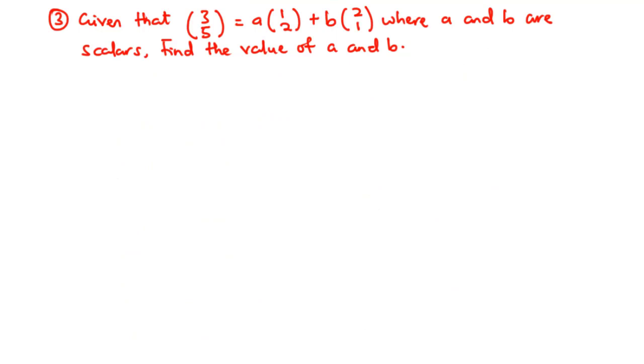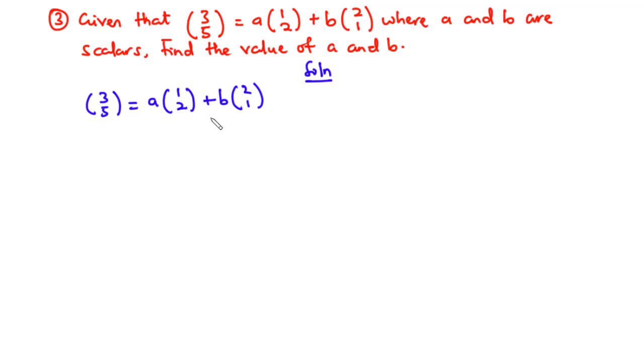So for example 3, given that vector 3, 5 is equal to a times 1, 2 plus b times 2, 1, where a and b are scalars, find the value of a and b. So basically we are going to follow the steps in the previous example. So we have vector 3, 5 equals a times 1, 2 plus b times 2, 1.